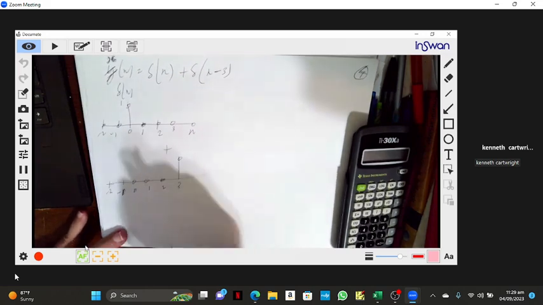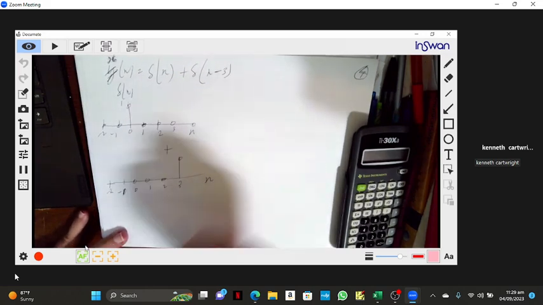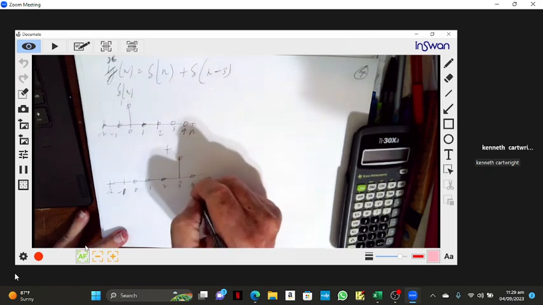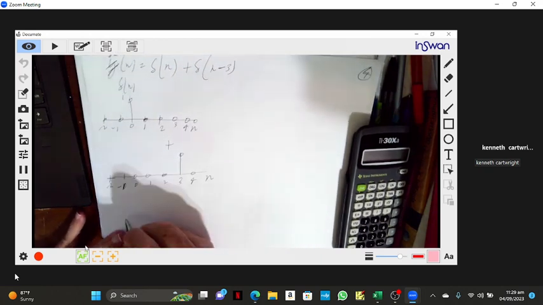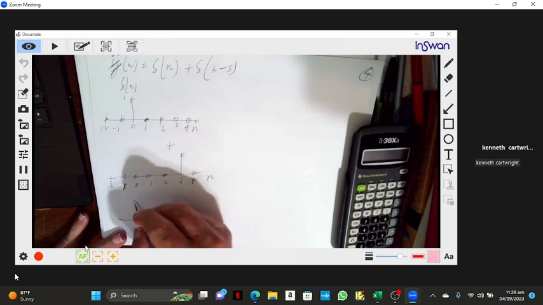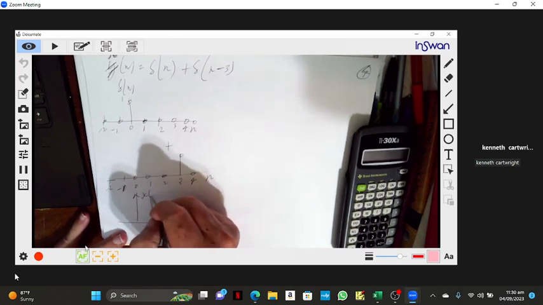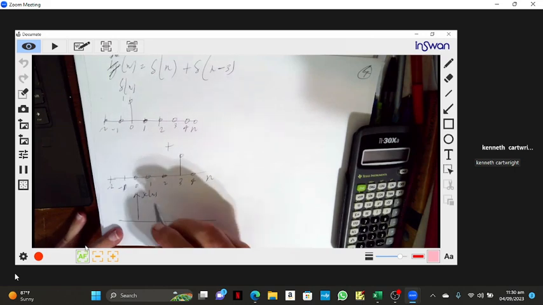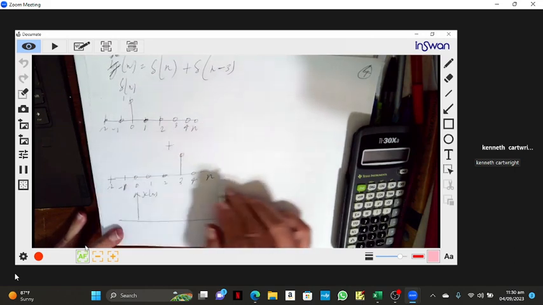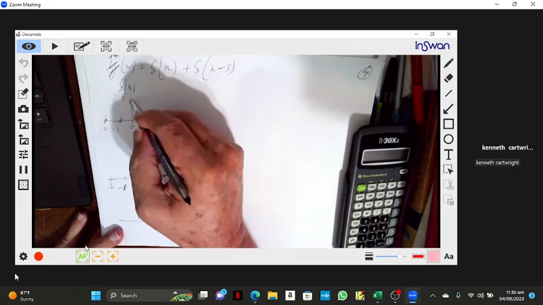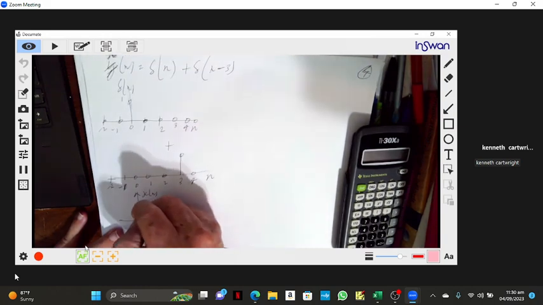I'm going to add these two together, and what am I going to get? I'm going to get x of n, and what's that? It's 0 everywhere except where? Right here. At n equals 0, what do we have? We have 1 plus 0. It's 1.